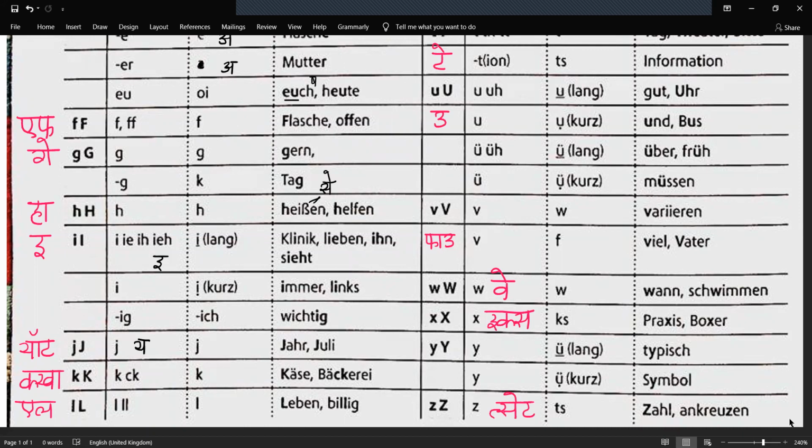And if it's shorter, immer, links. Again, this is something we saw earlier with wichtig, that ending with IG has the same sound as ICH. So wichtig, lustig, both take the ich. Then J, ja, Jahr, Juli. K, Käse, Bäckerei. L or double L, Leben, billig. L sound as it is.